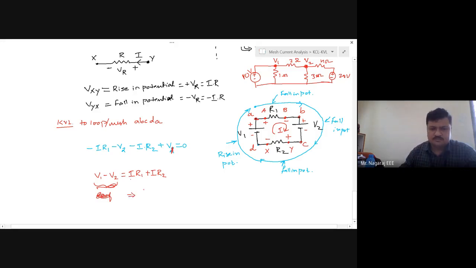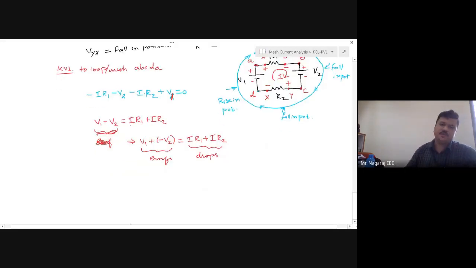This implies V1 plus of minus V2 is equal to IR1 plus IR2. So what are these EMFs? These are drops. Now what is the conclusion of KVL?